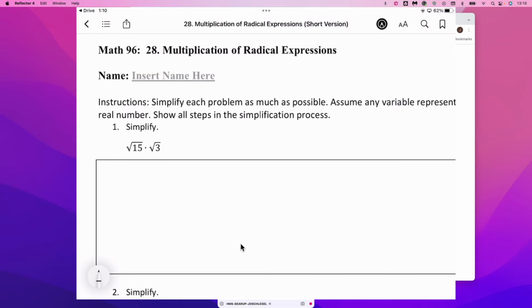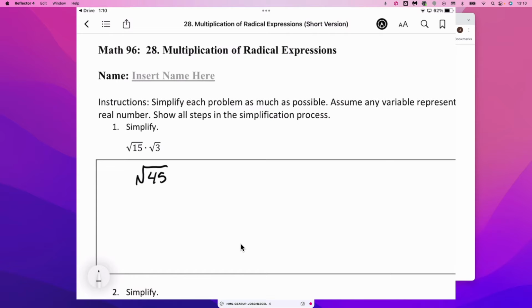So we can just basically straight up multiply square root of 15 times square root of 3, and we get square root of 45. Now that's done in terms of the multiplication, but it does ask us to simplify the radical once we get the answer. And so we can take the square root of 45 and simplify it a little bit.